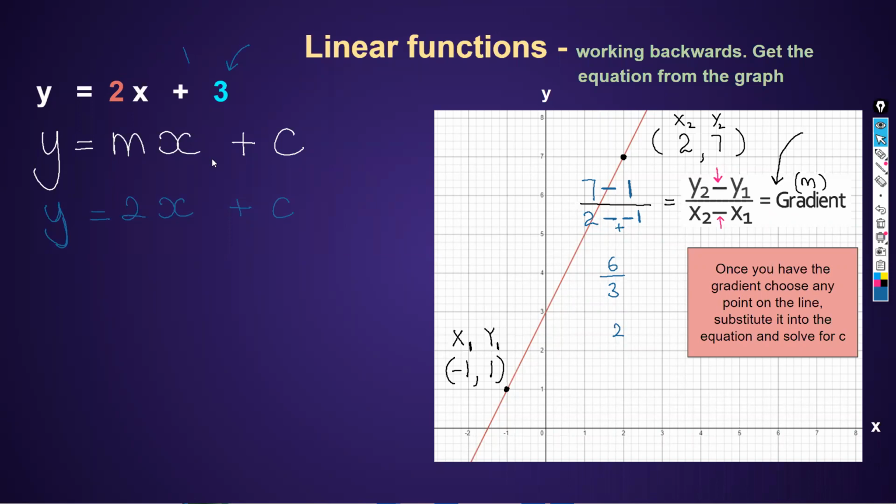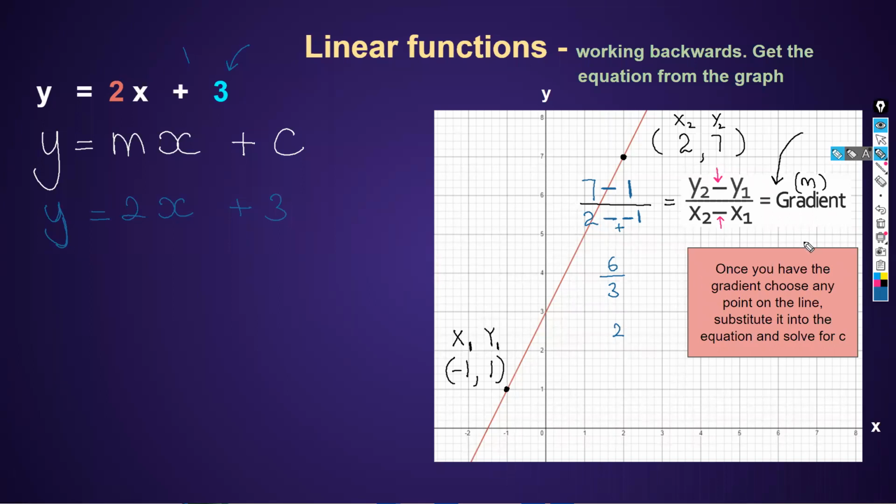Isn't the Y-intercept where the graph cuts the Y-axis? So couldn't we just look at the graph and see, hey, it's cutting the Y-axis at 3? And from just looking at the graph, we can throw away C and put what? 3. From just visually looking at the graph. That's one way of finding the Y-intercept.